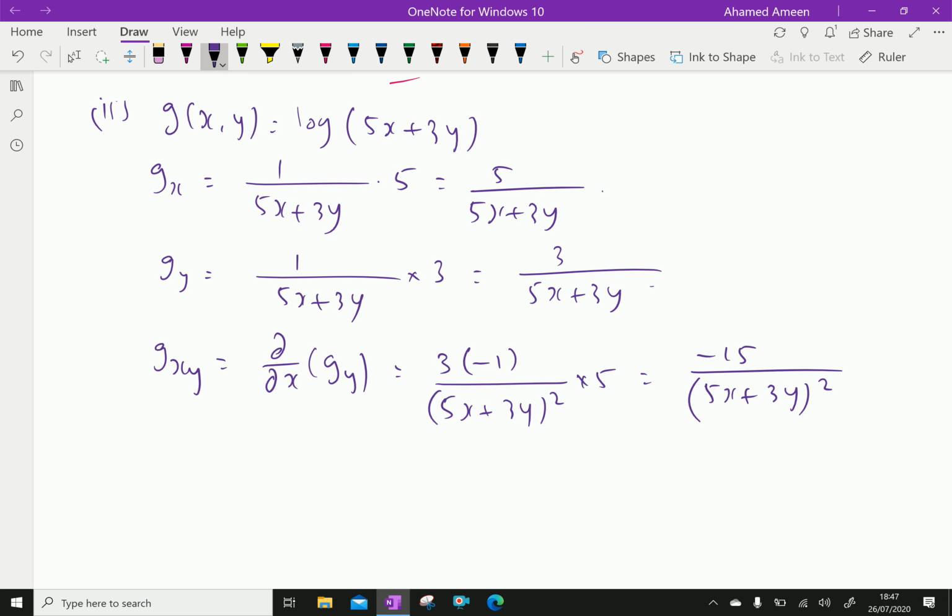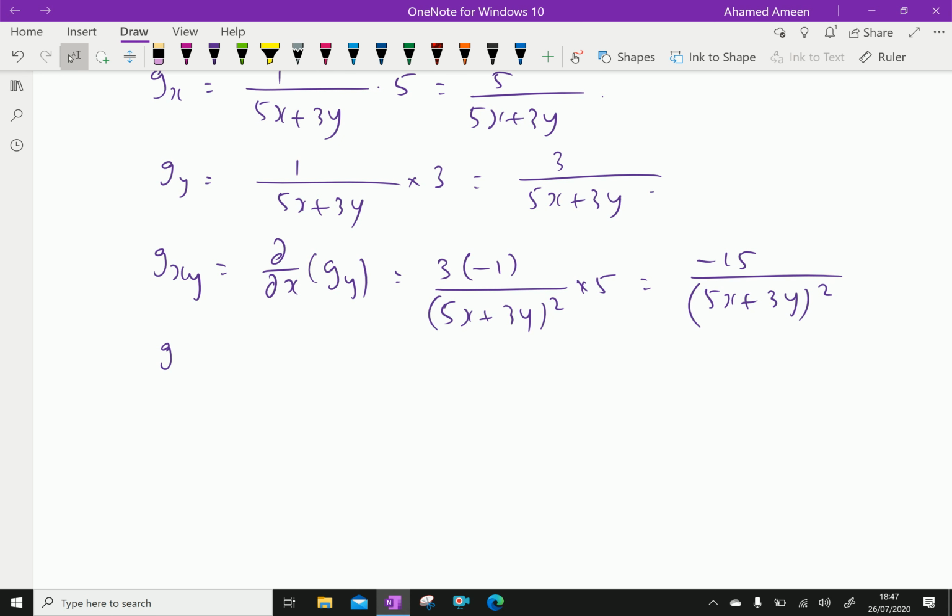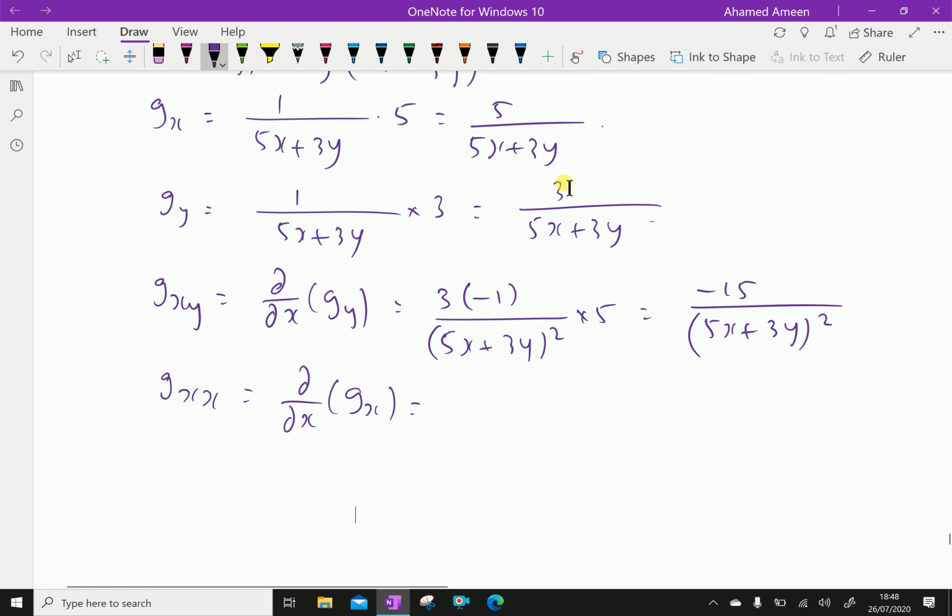Next g of xx, which means dou by dou x of g of x. Here g of x we have the same 5 over 5x plus 3y.